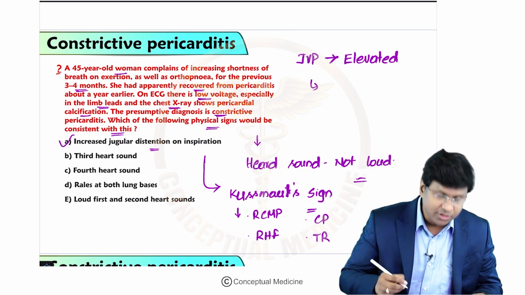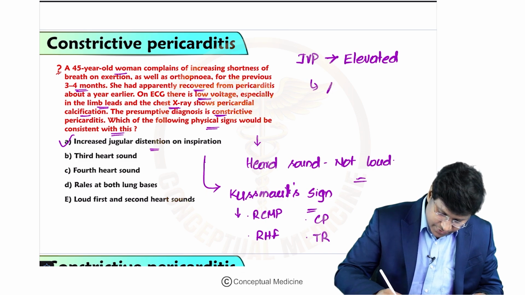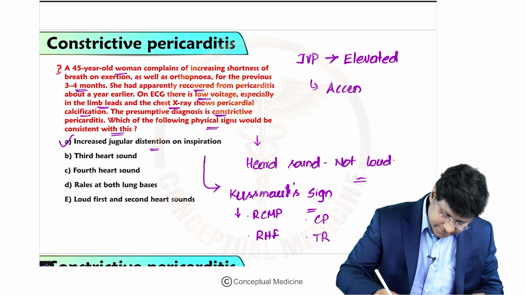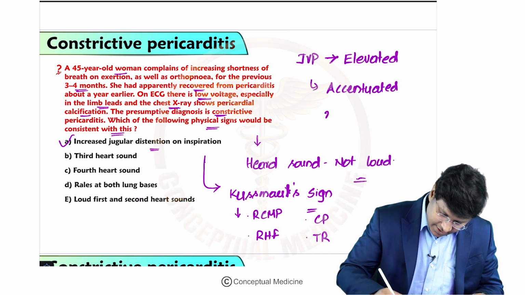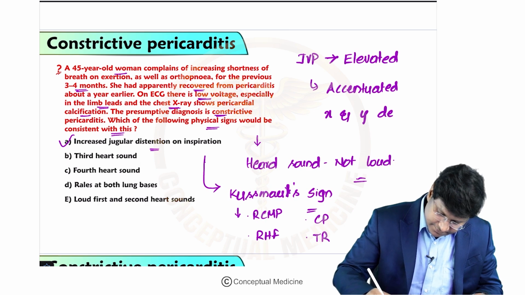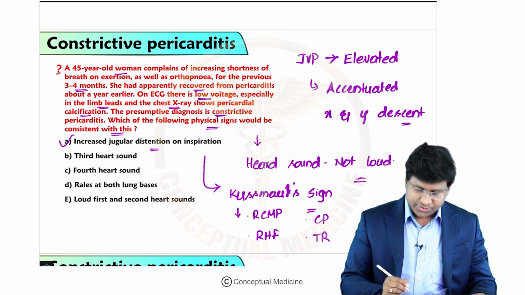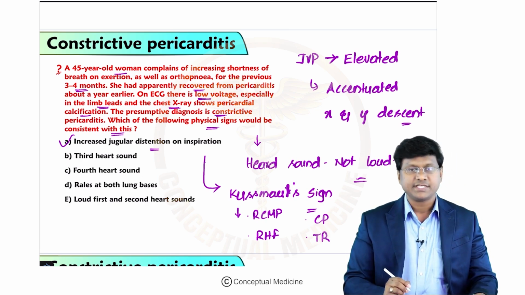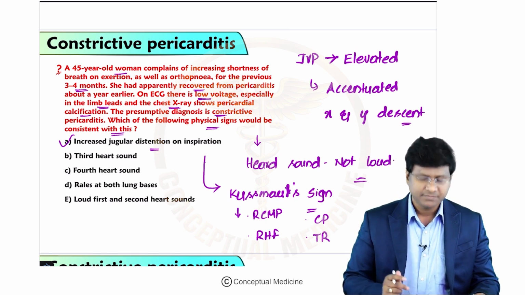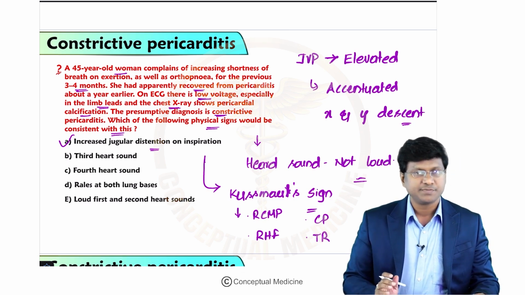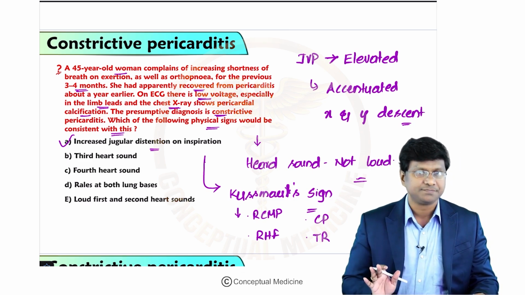What will those abnormal waves be? Accentuated X and Y descent. That is what you will have in the jugular venous pressure or jugular venous pulse.